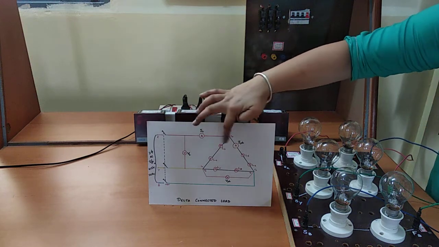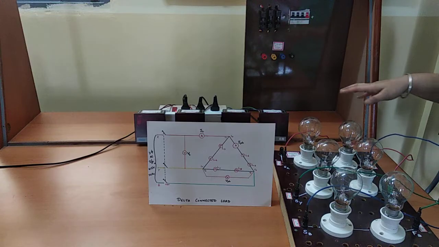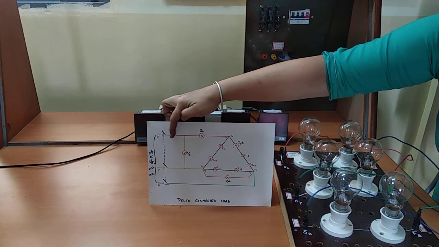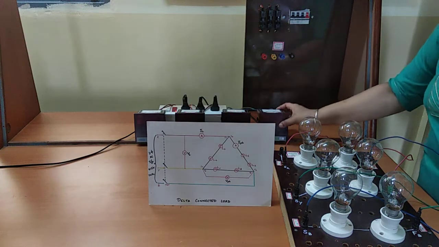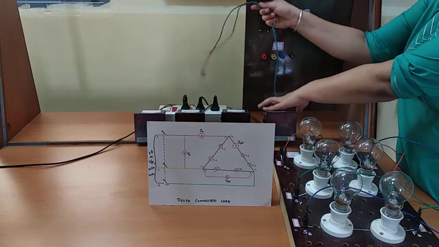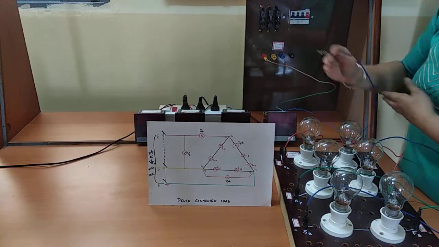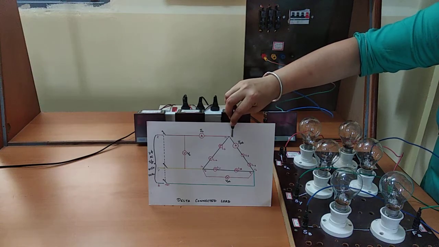So let us finish completing the circuit from one end. Now from R, the TPST is connected, and the other end of the TPST is connected to an ammeter. One end of this ammeter is connected to R, and the other end is connected to the point where FY and SR meet.